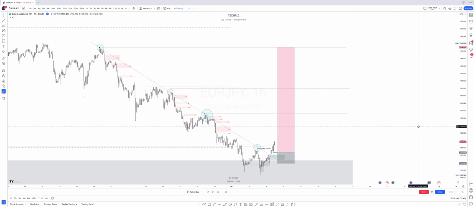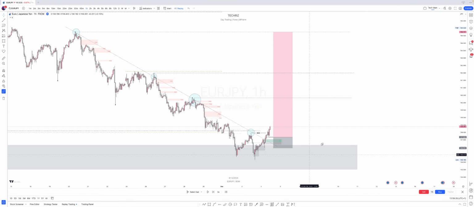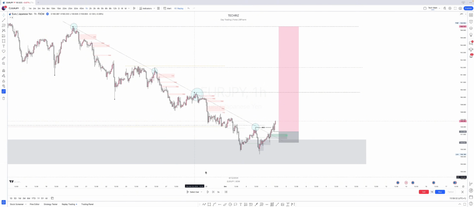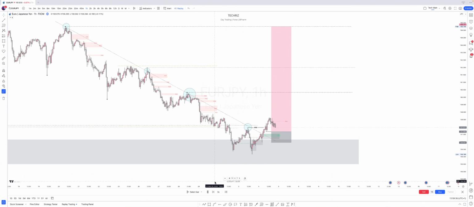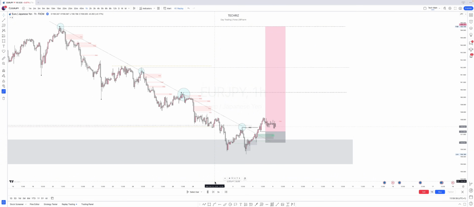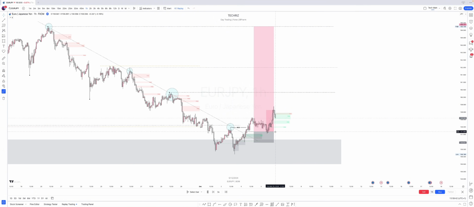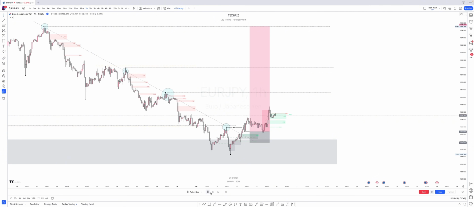Okay, so let's ride this move. I'm going to play price and see how it all unfolds. Boom, we've had our first tap, right?